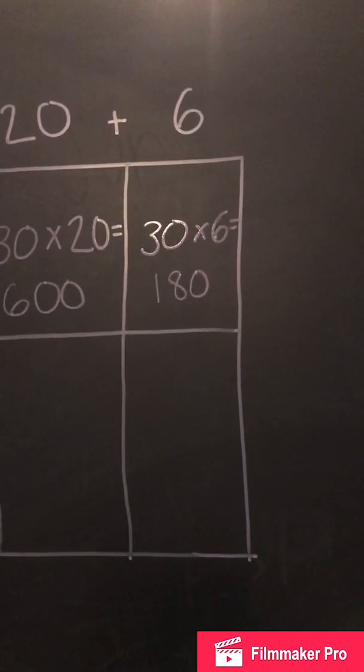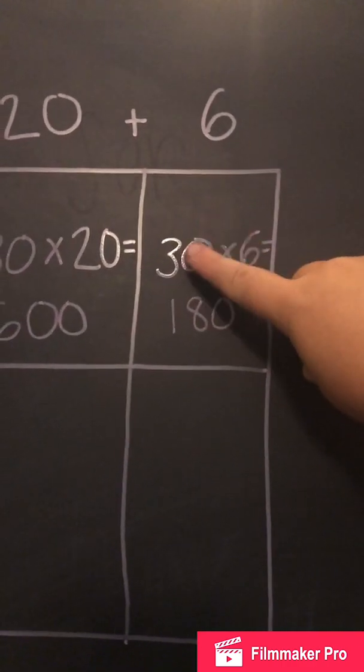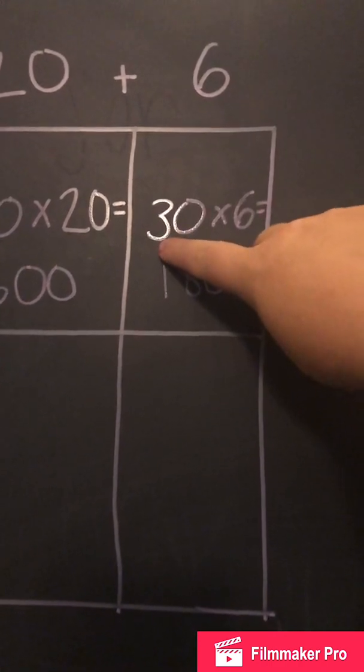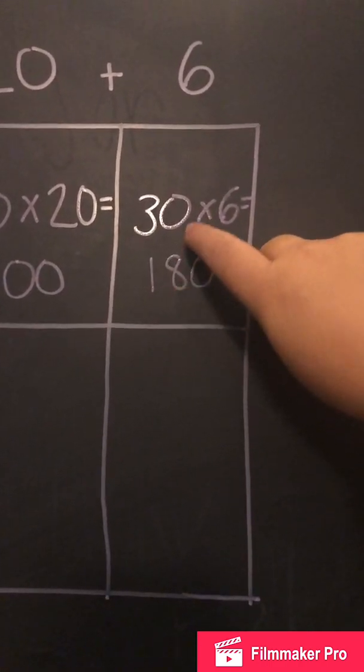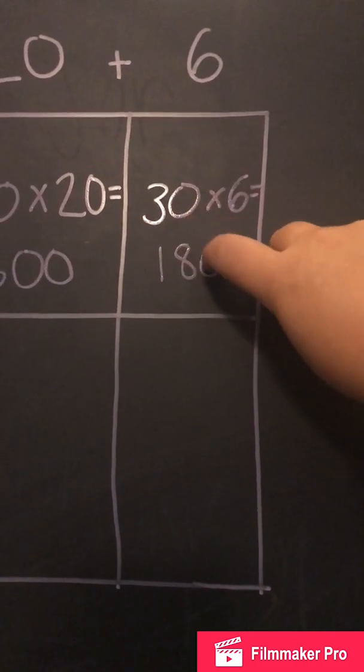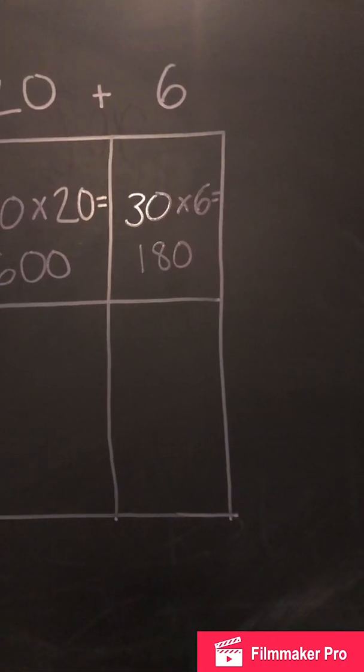Again, I used that zero trick. I didn't worry about this 0. I just forgot about it for a minute. I did 3 times 6 and got 18. Then I added my 0 back on the end. 30 times 6 equals 180.